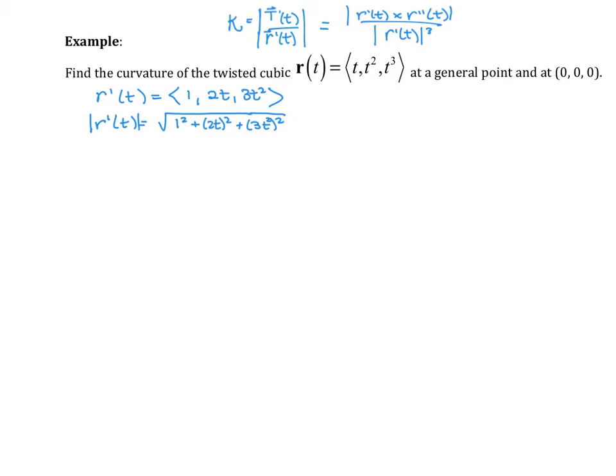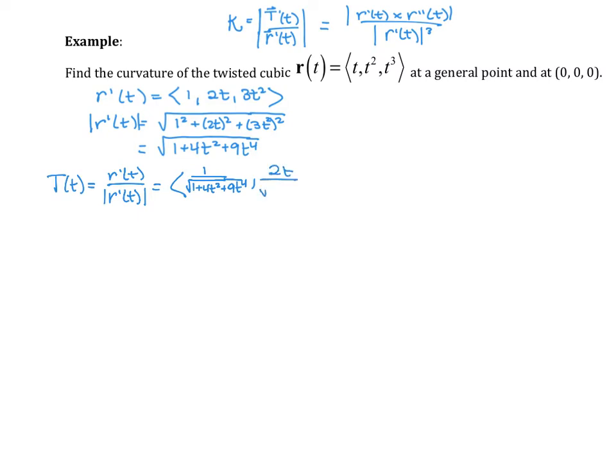And so let's simplify that, and we get the square root of 1 plus 4t squared plus 9t to the fourth. So now we want to find the unit tangent vector. And remember, the unit tangent vector, T of t, is equal to r prime of t divided by the magnitude of r prime of t. So we would get 1 over the square root of 1 plus 4t squared plus 9t to the fourth, comma, 2t.